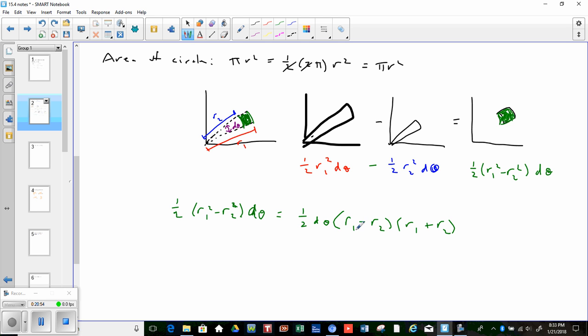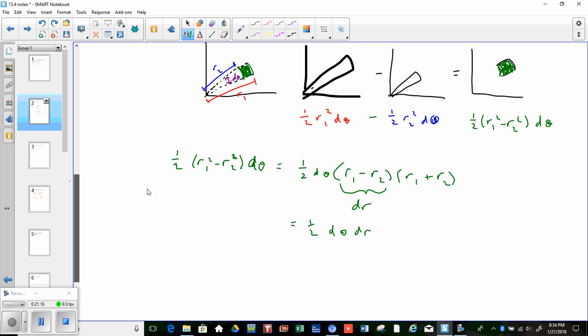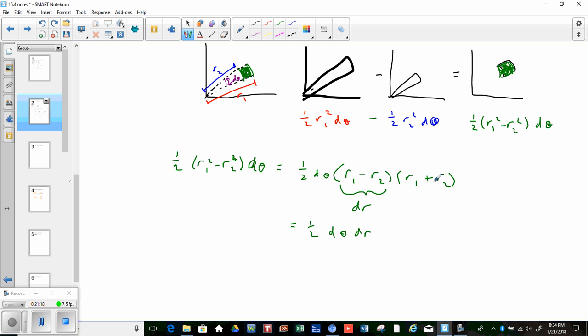Well, if you think about it, the difference between the two radii is the change of r, or dr. So not much of an issue there. I'm going to get 1/2 d theta dr. Looks like we're getting somewhere because I'm pretty sure these two things are going to have to be in the equation. But this piece over here.